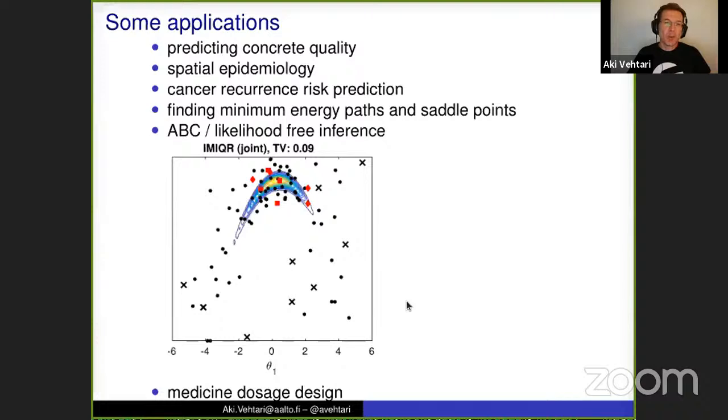Crosses are initial points, dots are additional evaluation points where we run the simulator, and the red ones are the 2 last batches of the evaluation points, and then you can see the equidensity contours modeling the posterior.